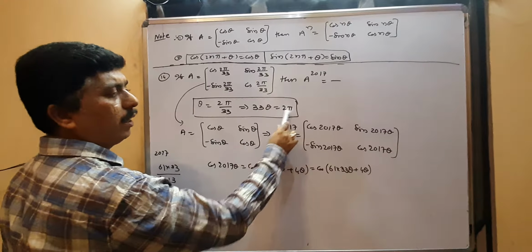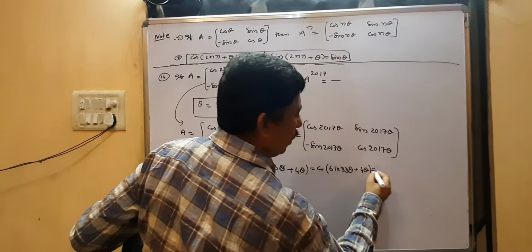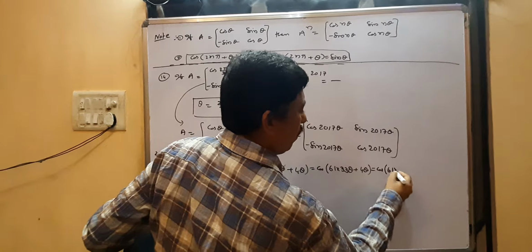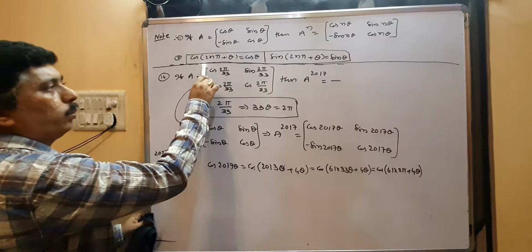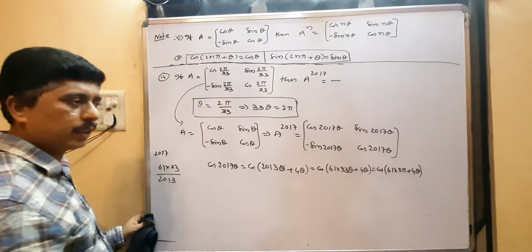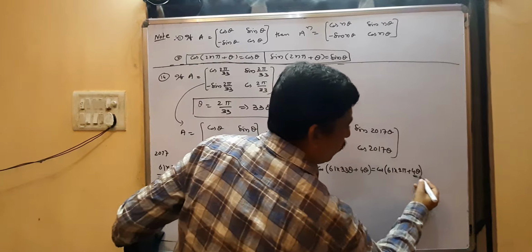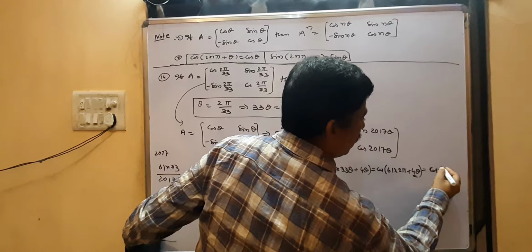What is 33 theta? 2 pi. So this is cos of 61 into 2 pi plus 4 theta. What is cos of 2n pi plus theta? Cos theta. In place of theta I have 4 theta, so cos 4 theta.